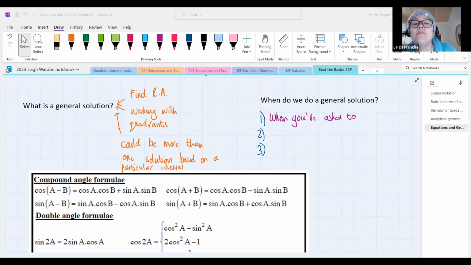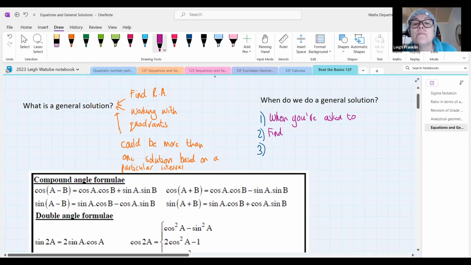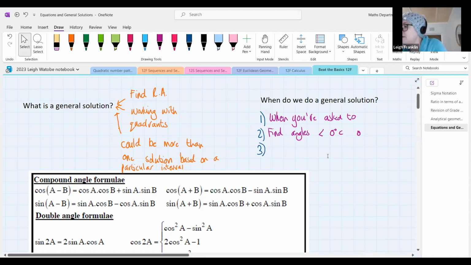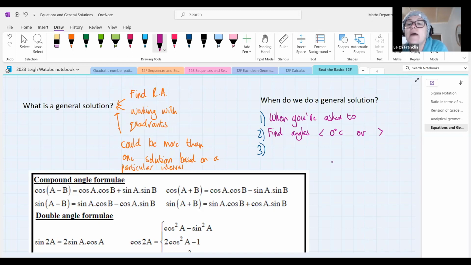Okay, so when we have to find angles smaller than 0 degrees, or greater than 360. So in other words, we are leaving the Cartesian plane.